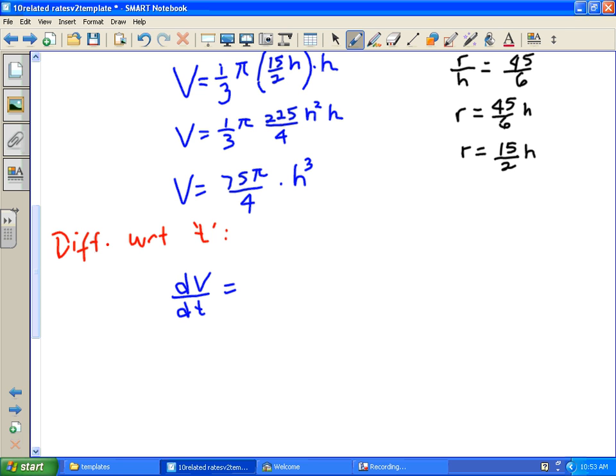Okay? On the right-hand side, you have a number times h cubed. That number remains. What is the derivative of h cubed with respect to t? 3h squared dh/dt.